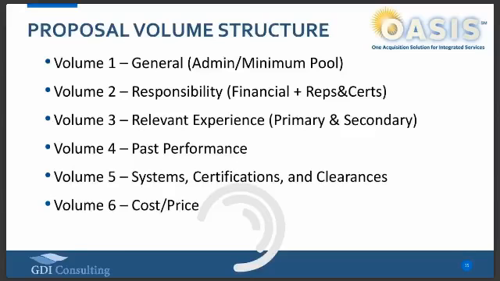So, for example, if you have a certified purchasing system in place, or if you have ISO certifications or facility clearance, for all of those you get a score, and the documentation to prove it all goes into volume 5. And finally, volume 6 is cost price, which is just two documents.